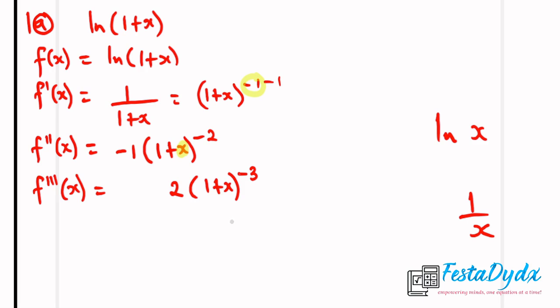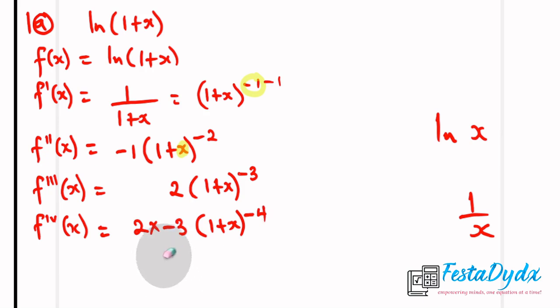Now let's find the fourth derivative and probably we'll stop here. For the fourth derivative, we'll have 2 times minus 3, which is minus 6, then bracket 1 plus x raised to power minus 4.